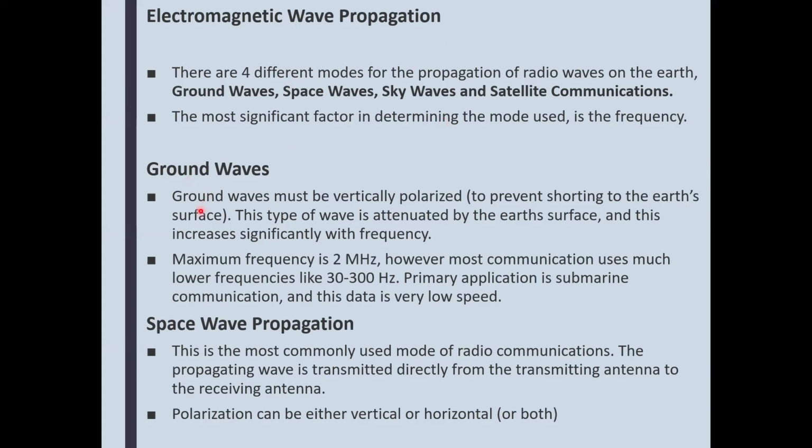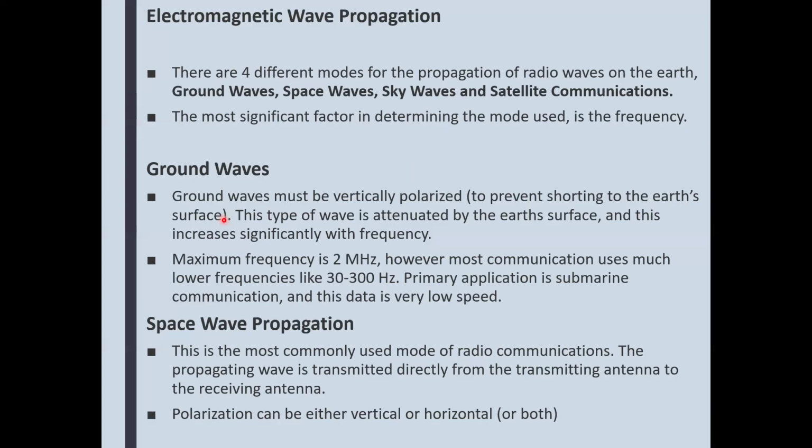Ground waves must be vertically polarized, we already know what that means, to prevent shorting to the Earth's ground surface. Because if you point the electric field parallel to the ground, it is going to propagate into the ground and just disappear.